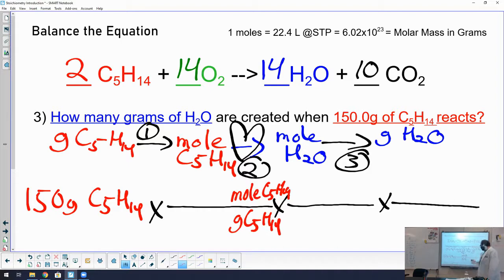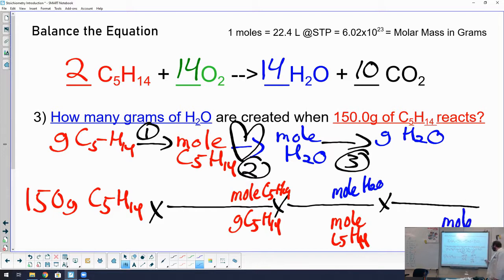So I'm going to bring down my diagonal unit here, moles of C5H14. That will become moles of H2O. Our moles of H2O will come on down. Notice how everything's going to end up canceling here, and we're going to end up with grams of H2O on the top. Look at that canceling.